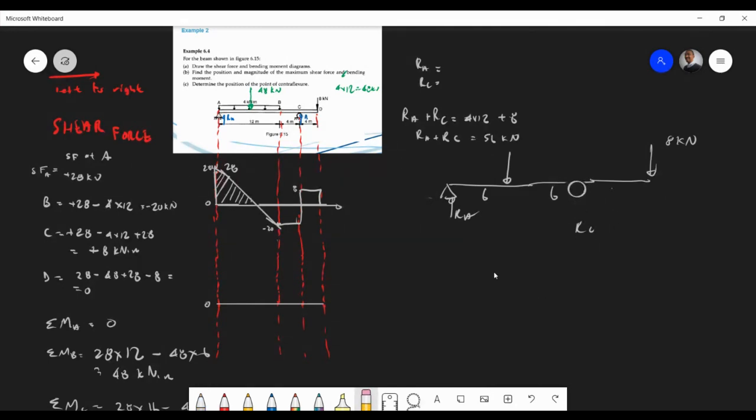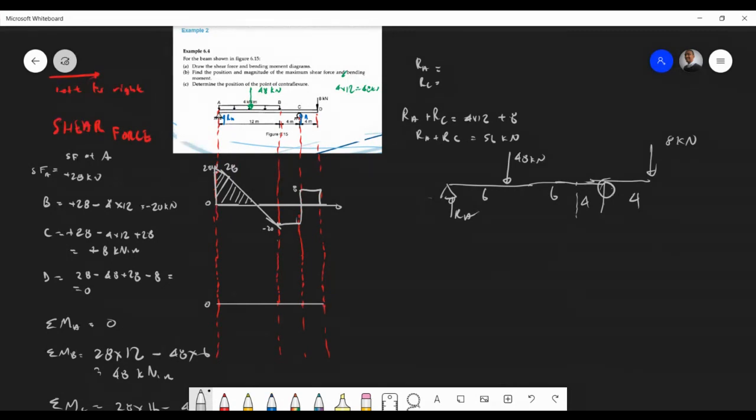Just give me a second. So 6 from here, it's 4 meters. That's where C is. Just delete this. So from here to here, 4 meters, and then another 4 meters here. Right. So this is 48 kilonewtons.